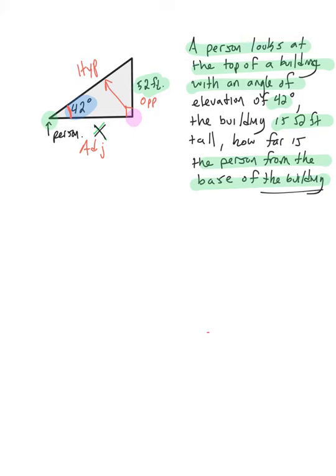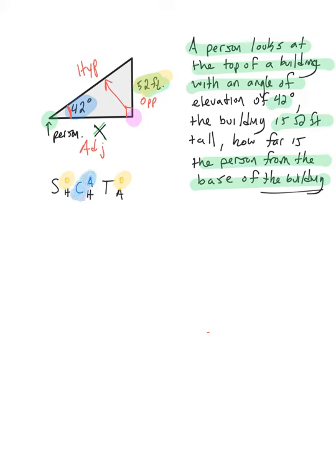Once you've labeled everything, you need to decide which trig function to use. So you should write down SOHCAHTOA and then figure out what's relevant to your problem. Here we're given the length of the opposite side, so I'll, in my mind, highlight an O and an O on the sine and the tangent.